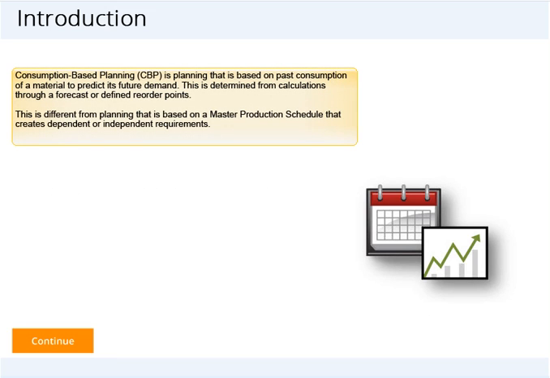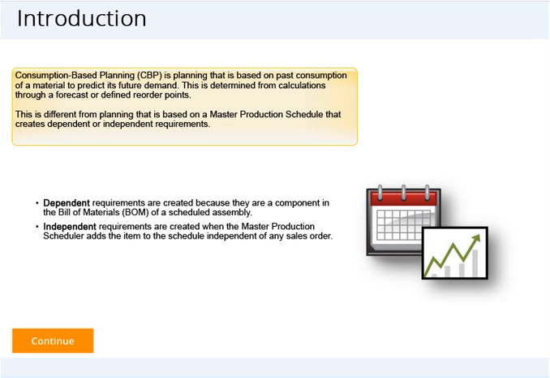Consumption-based planning, CBP, is planning that is based on past consumption of a material to predict its future demand. This is determined from calculations through a forecast or defined reorder points. This is different from planning that is based on a master production schedule that creates dependent or independent requirements.